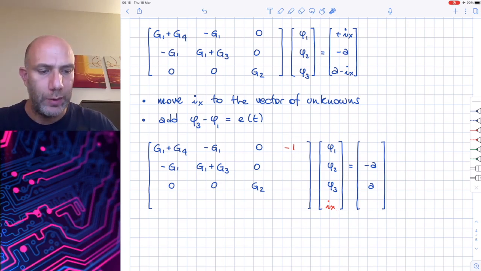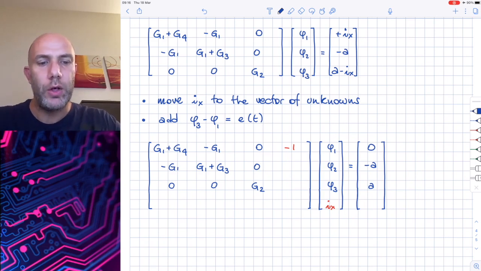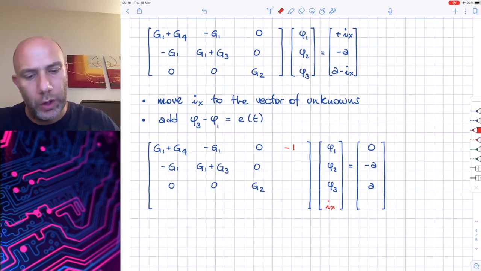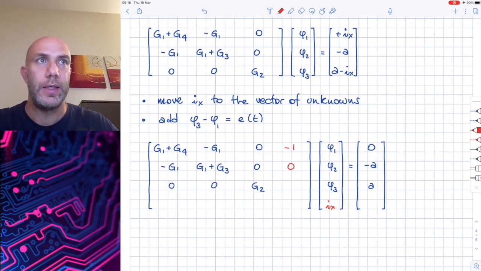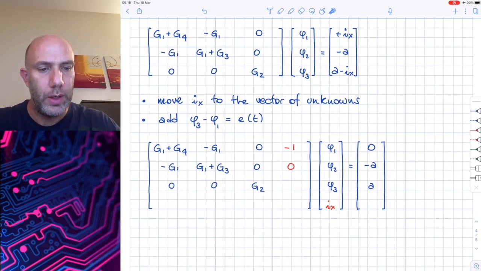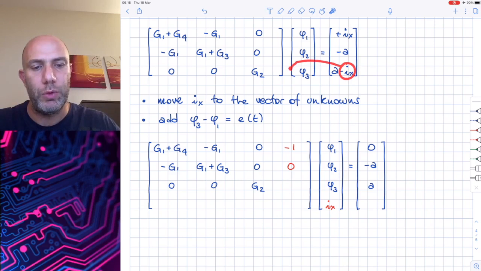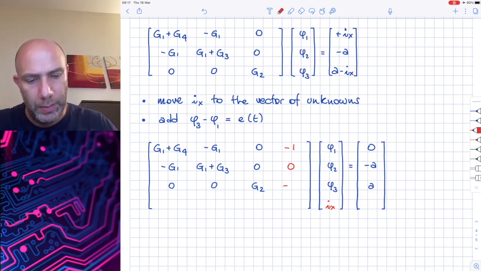Here at the right-hand side we have 0. In the second equation, we don't have any term that includes Ix, and so the coefficient that multiplies Ix is 0. In the third equation, we had in the previous system Ix. If we move this to the left-hand side, we have to change the sign, and so its coefficient is plus 1.